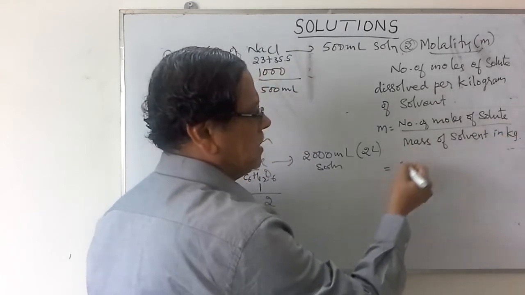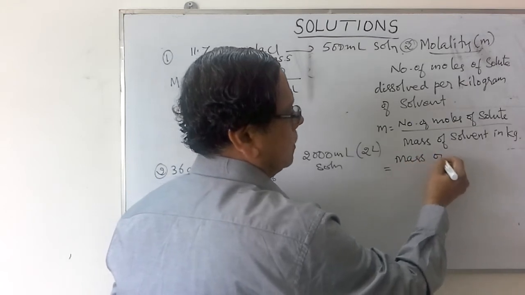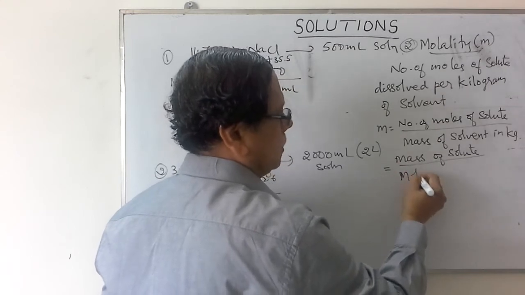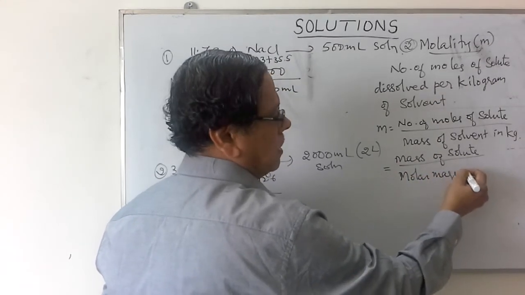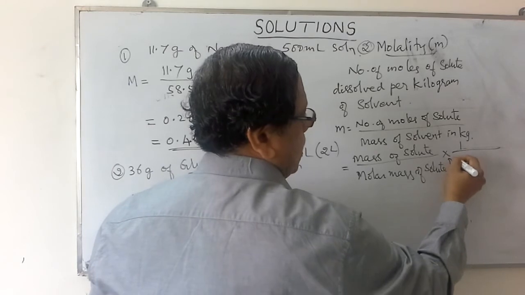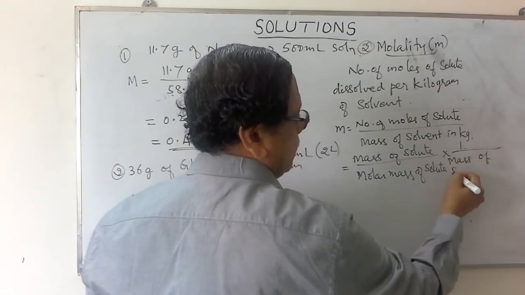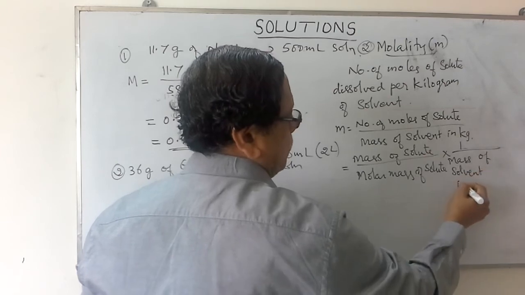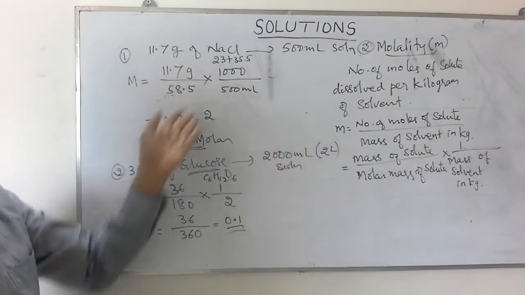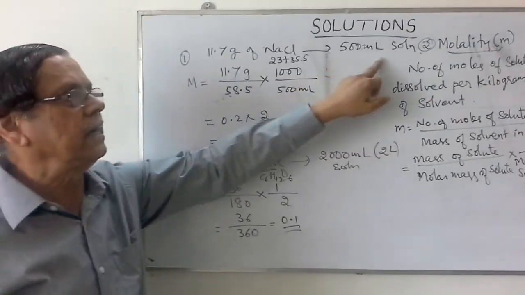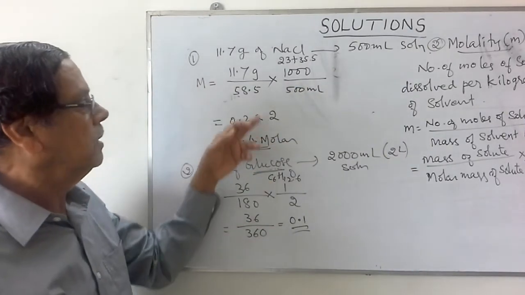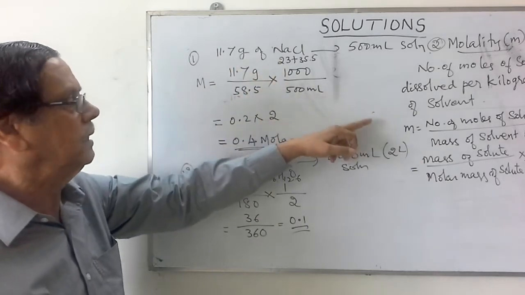That is also calculated as mass of solute divided by molar mass of solute, into 1 by mass of solvent in kg. In a similar way, we can calculate the molality for various such examples. Here, assume that the mass of the solvent is 500 grams. Then we can calculate the molality in the same way.